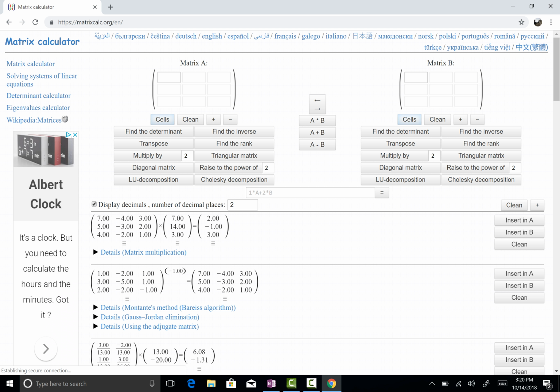Then I'm going to put those numbers in. So I'm going to go 3 and 2, negative 2, and the last one, a bunch of 1s. Then I'm going to come over to B, put those in.